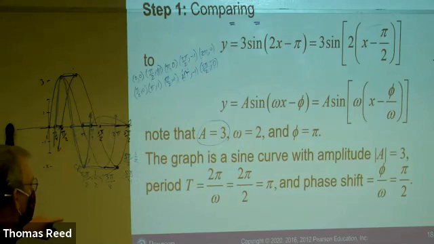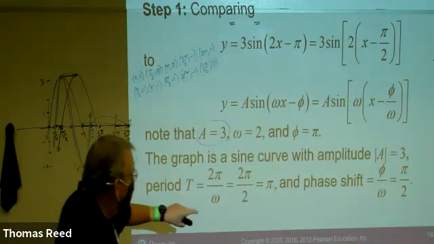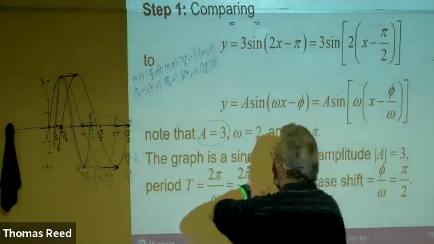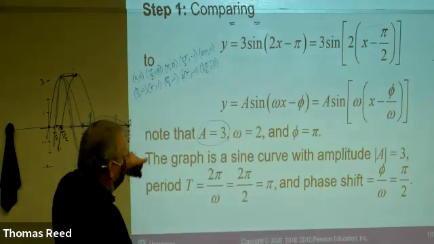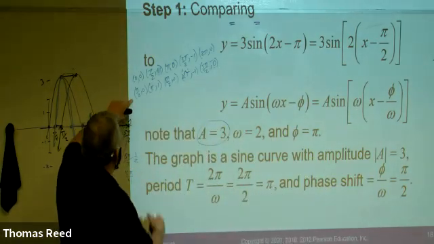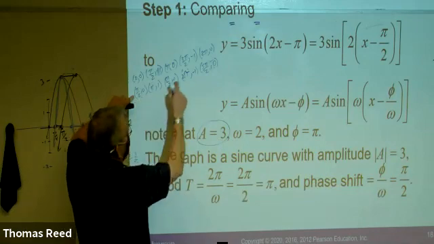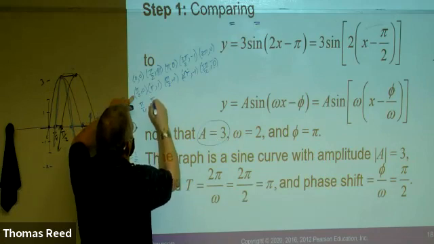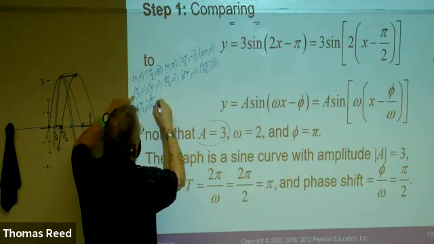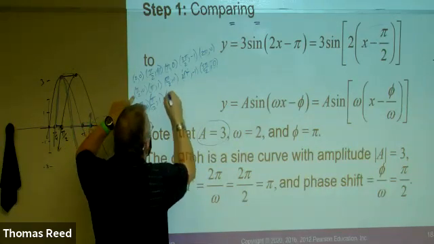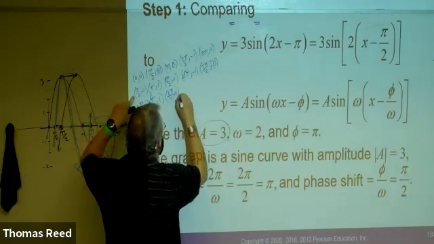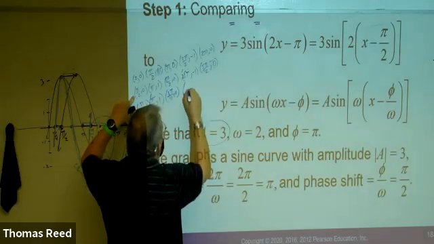And now, with the period, I'm going to be dividing by pi over 2. I'm going to be dividing by 2, which is multiplying by 1/2. So I'm multiplying each x value by 1/2. So this becomes pi over 4. This becomes pi halves. I haven't done anything about the y values yet. So this becomes 3 pi over 4. And this becomes pi.